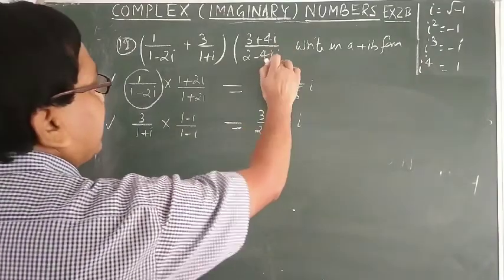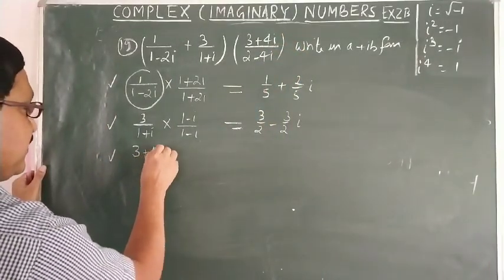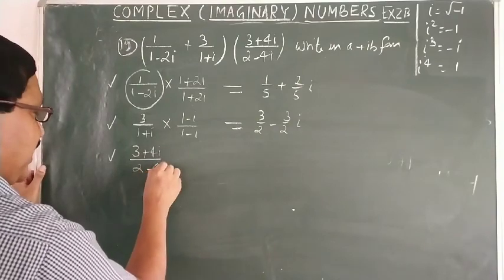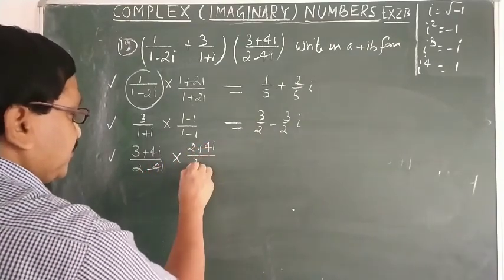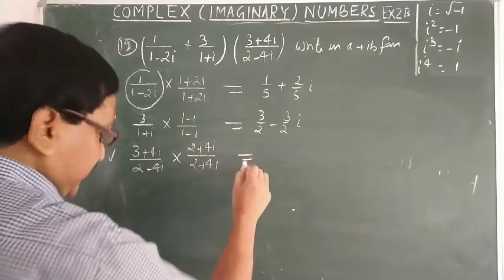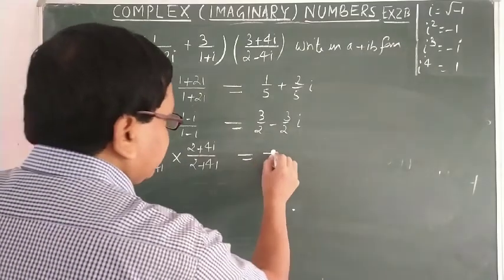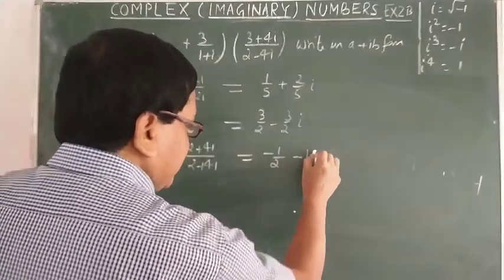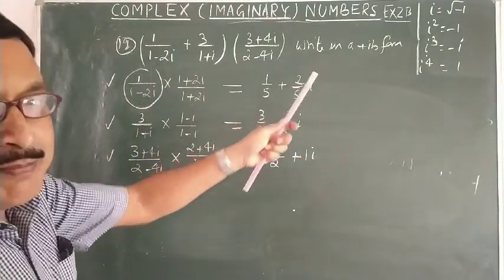Now the third part is 3 plus 4i by 2 minus 4i. Again rationalize with 2 plus 4i, 2 plus 4i. After the final calculation, this becomes 1 by 2 minus 1i, that is, 1 by 2 plus 1i. Now all are being composed.